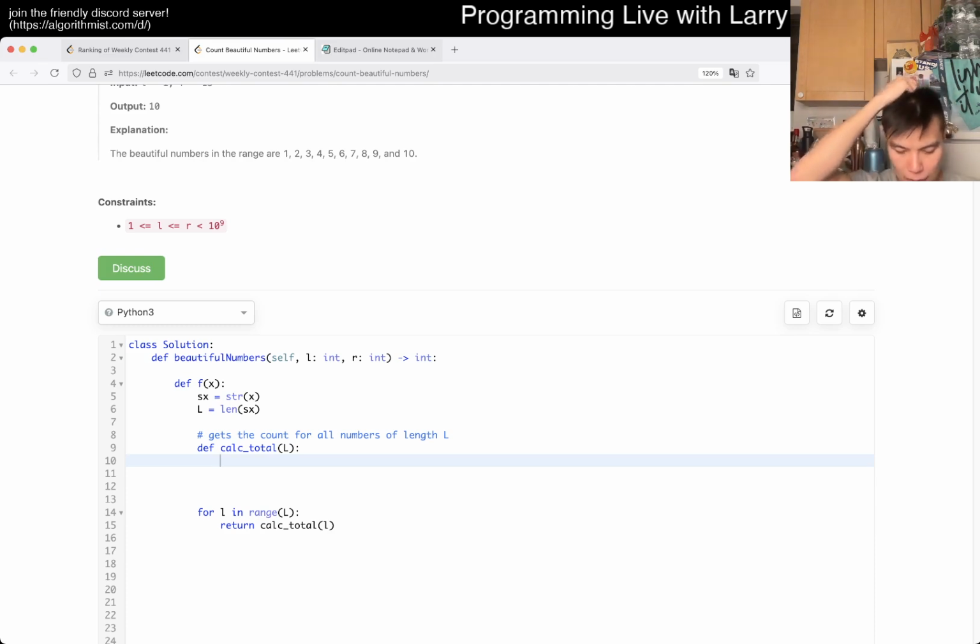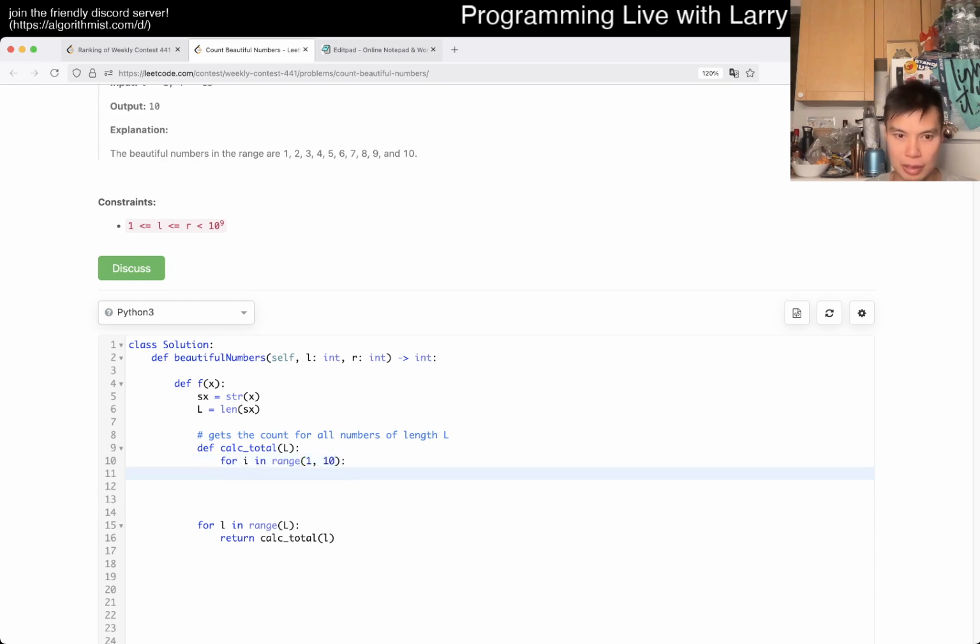So that assumes that the first digit is not 0. Then we can do for I in range of the first digit, from 1 to 9 inclusive, right? So now that is just going to go from I, and then we have L minus 1 left, right?